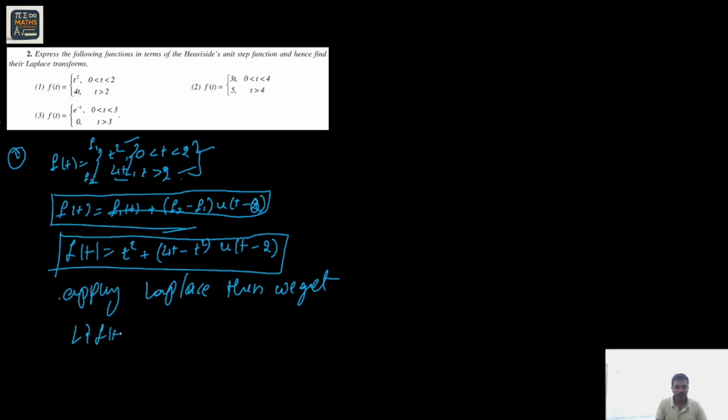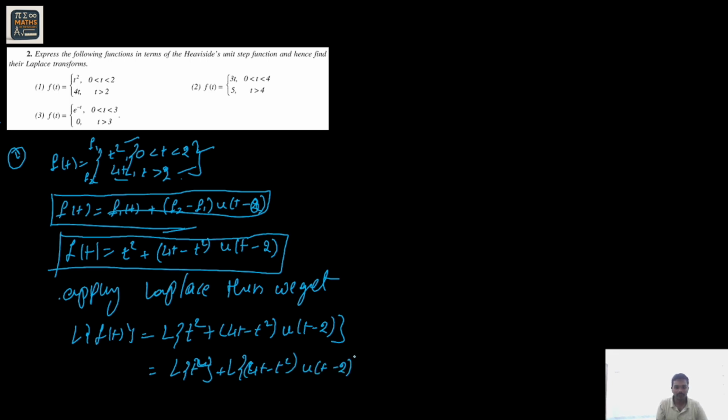Laplace of f of t is equal to Laplace of t square plus 4t minus t square into u of t minus 2. By using the linearity property, Laplace of t square plus Laplace of 4t minus t square into u of t minus 2.